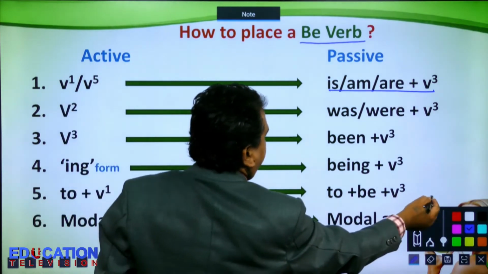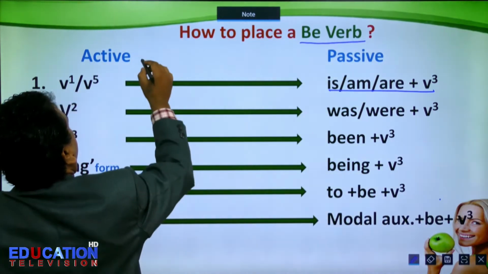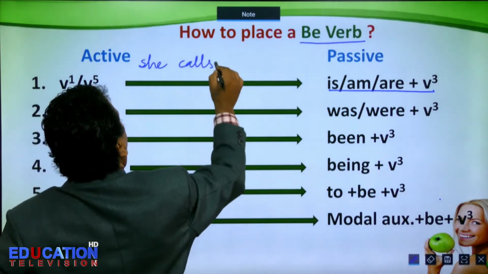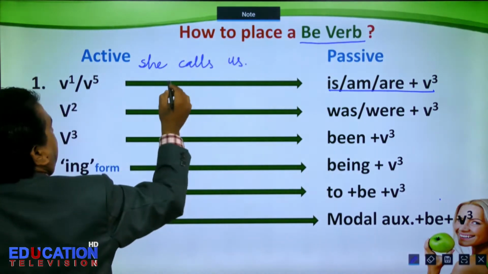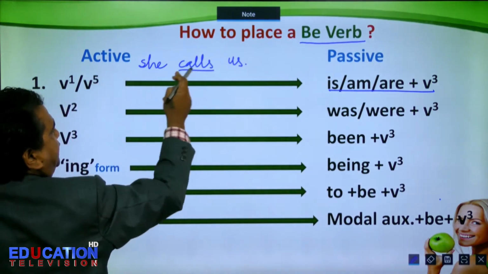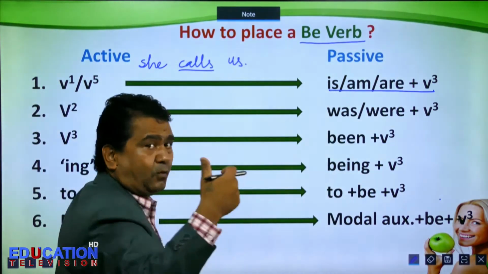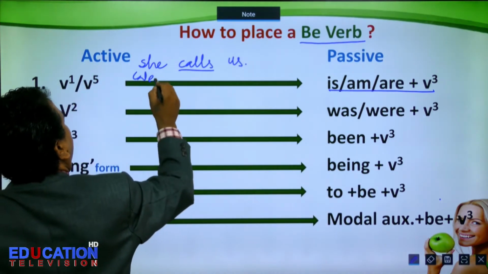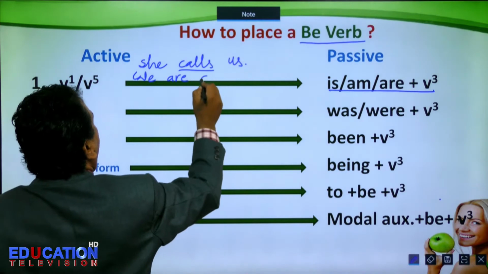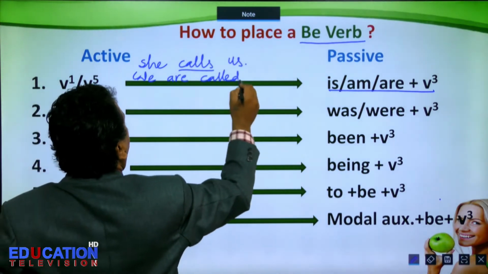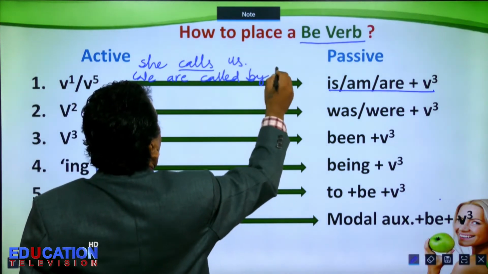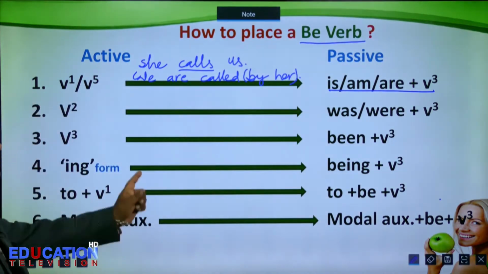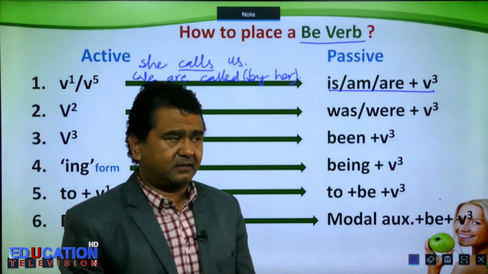She calls us. Now this one is V5. So we have to write is, am, are, one among them. We are called by her. This is pronoun, so by her is not mandatory. So the answer is we are called.